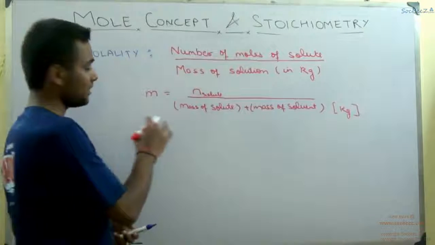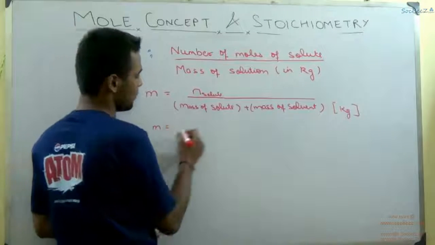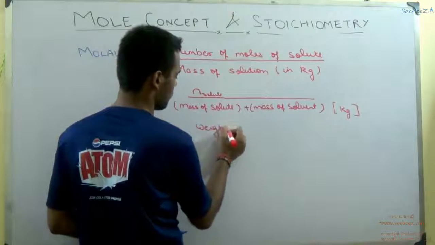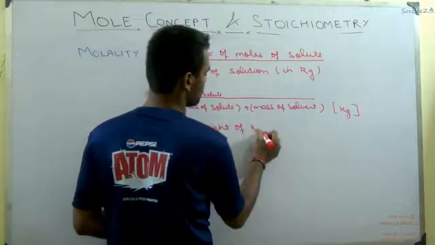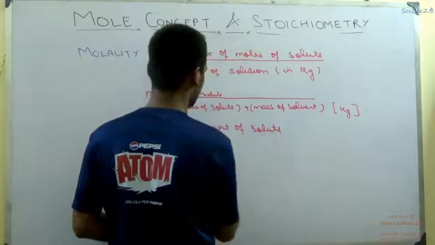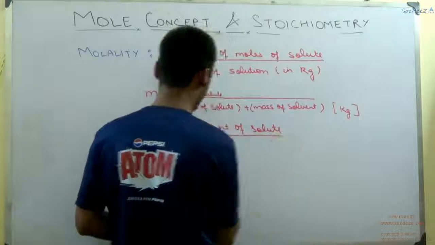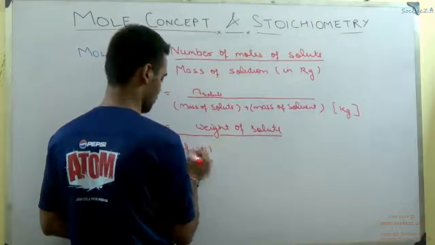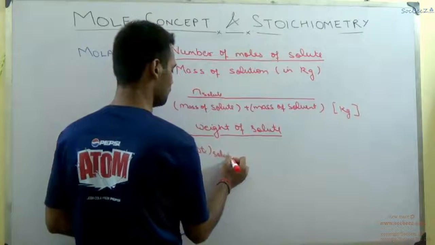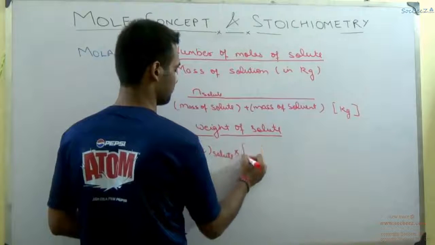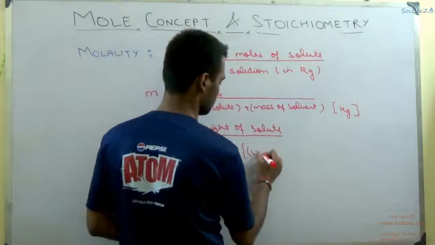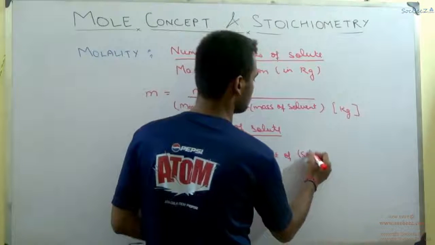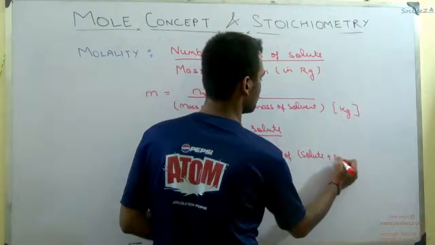Okay, so now if we simplify this expression, we shall get m equals weight or mass of solute divided by molecular weight of solute into weight of solute plus solvent.